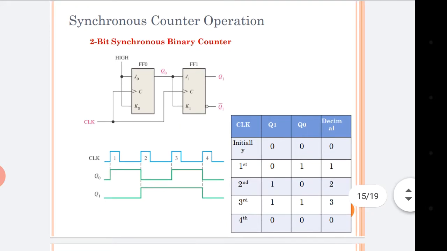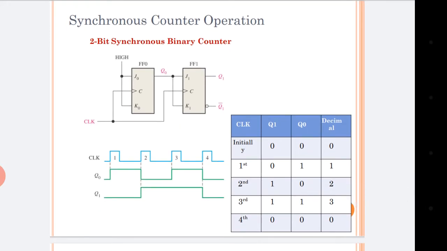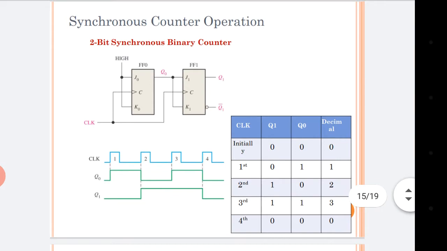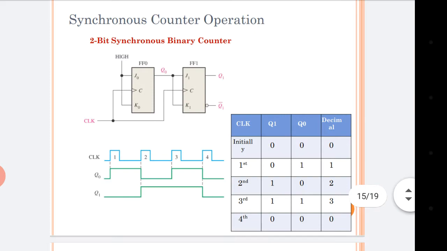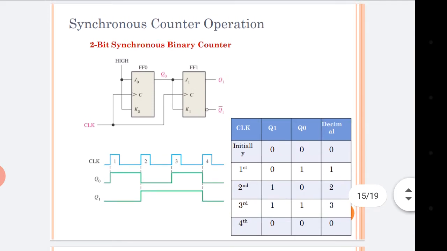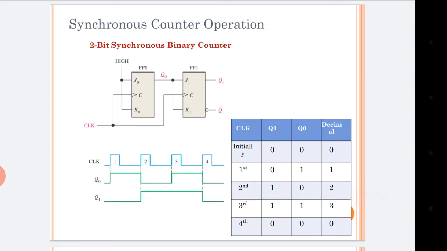A synchronous counter is a counter in which the clock pulse, which is the external clock, is common to all the flip-flops. So, all the flip-flops will receive the external clock at the same instant of time. In an asynchronous counter, the external clock is applied to only the first flip-flop.